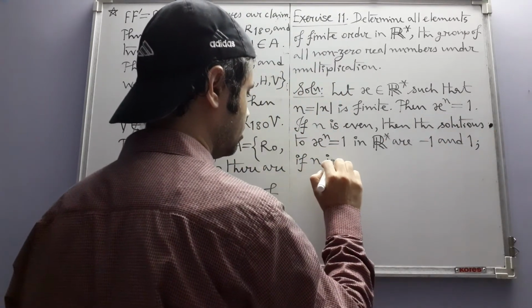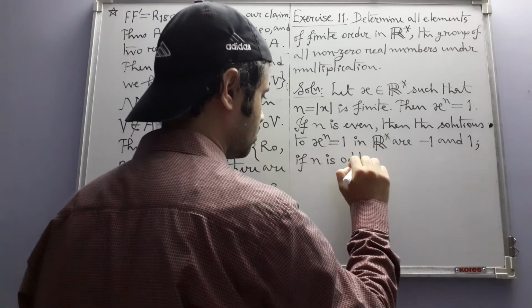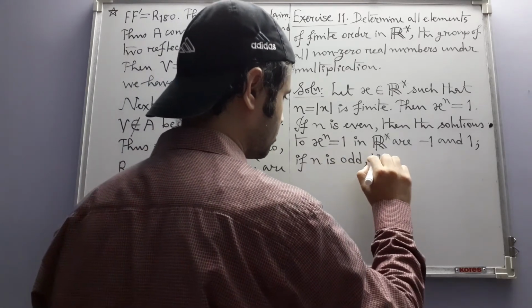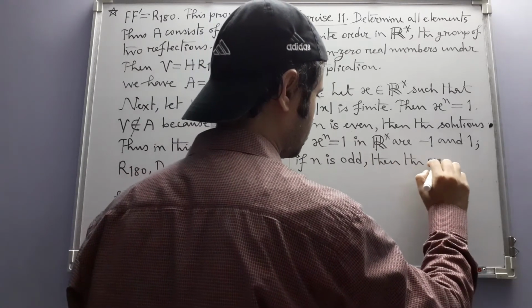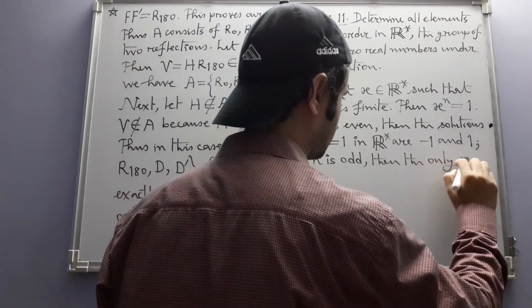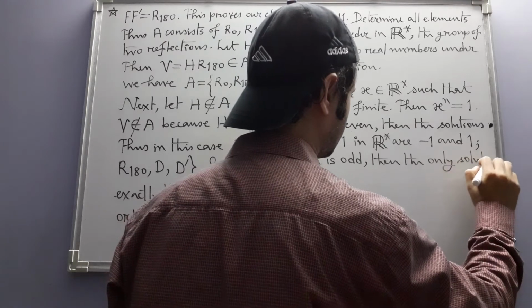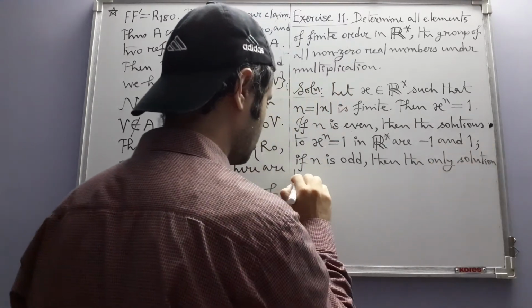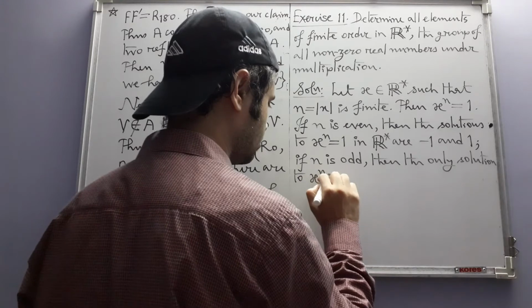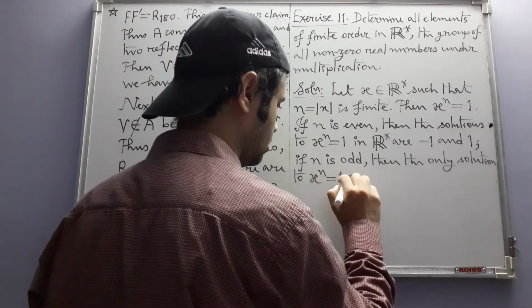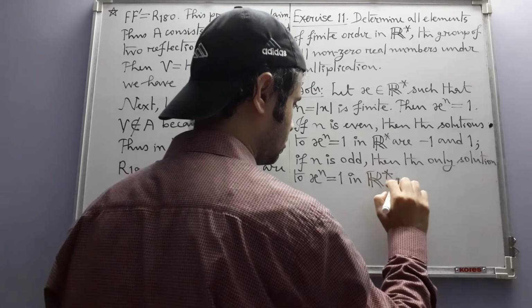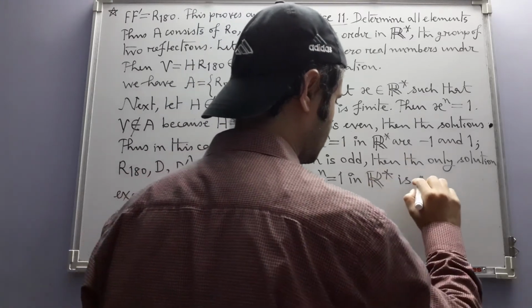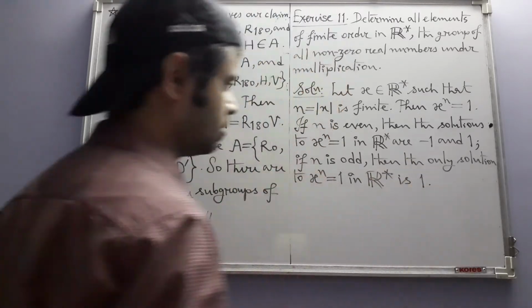If n is odd, then the only solution to this equation in R star is 1.